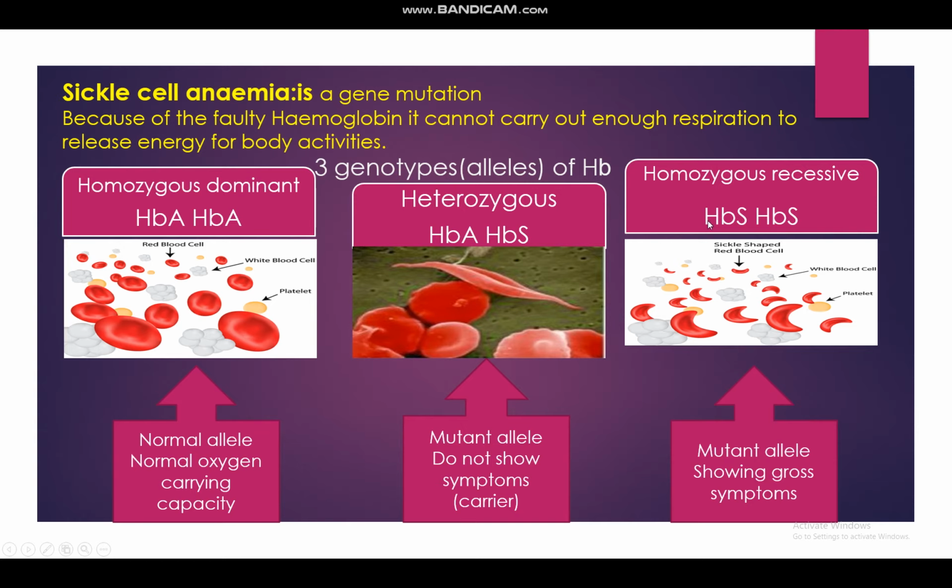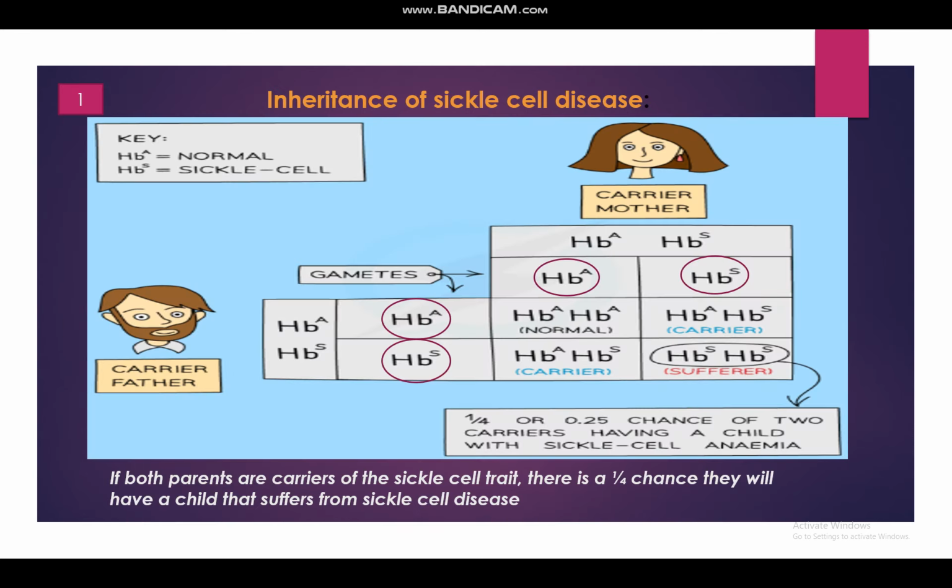Now in case of homozygous recessive, the genotype is HbS/HbS, and this mutant allele shows gross symptoms because of the sickling of all the RBCs, and this sickling hinders the oxygen carrying capacity of the RBCs. So in this case, the sickle cell crisis occurs and the person suffers from gross sickle cell symptoms.